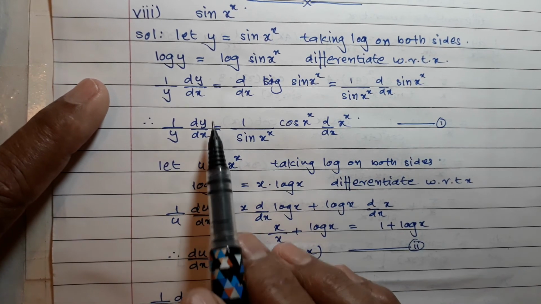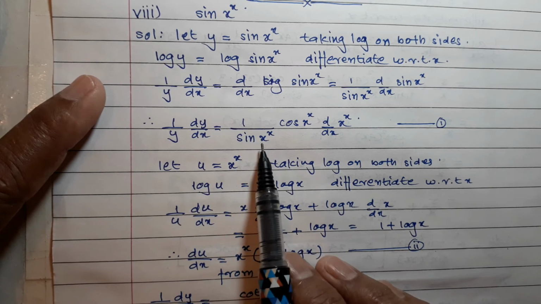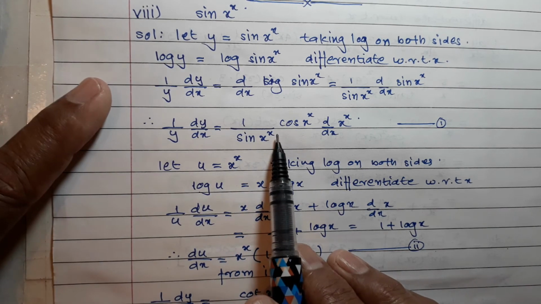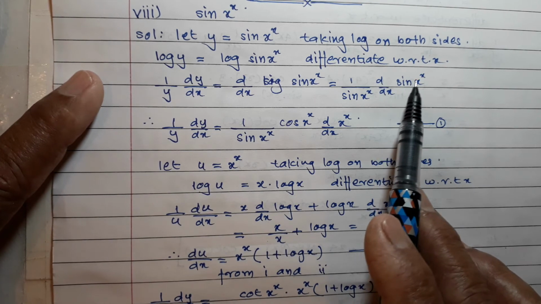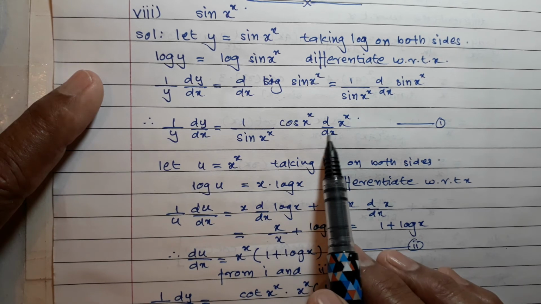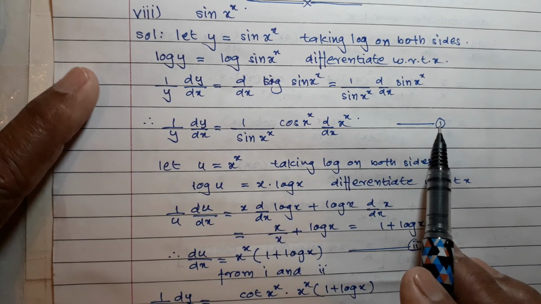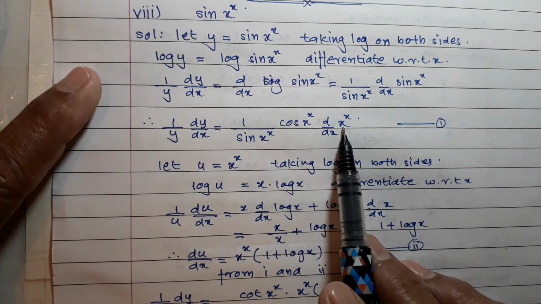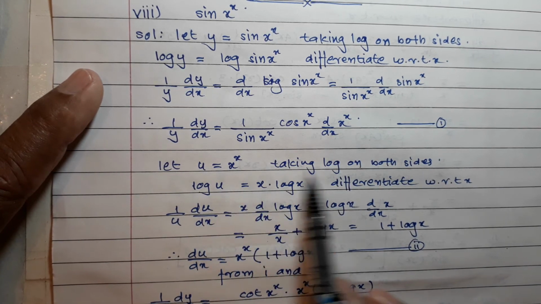So 1/y dy/dx = 1 upon (sin x)^x, this you write down as it is, and this is cos x raised to x, and the derivative of x^x.